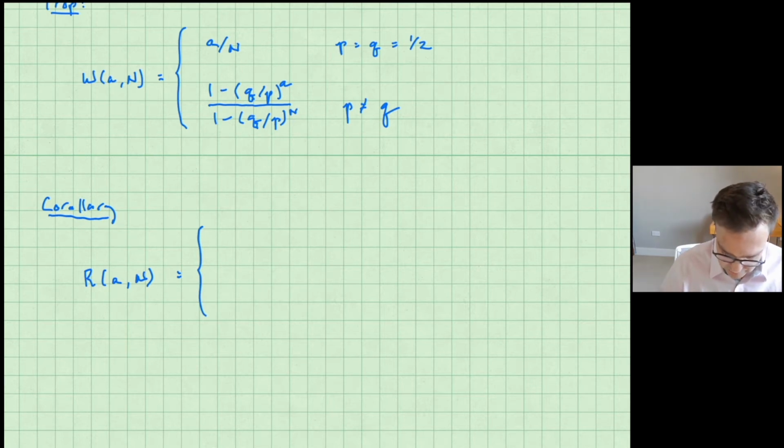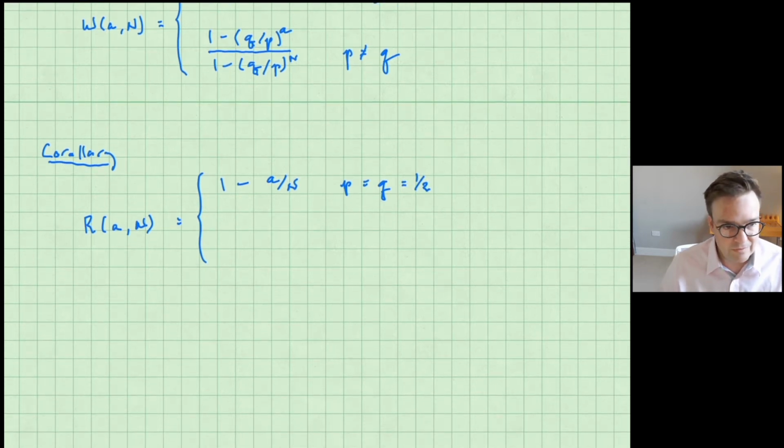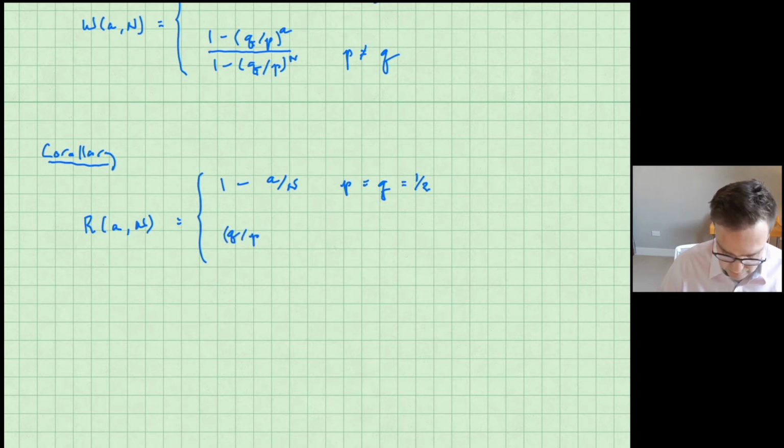So if P and Q are the same, it's 1 minus A over N. And if they're different, so the only thing that's funny here is I'll just do the algebra for you. So up in the numerator, there's q over p to the power a minus q over p to the power n, all divided by 1 minus q over p to the power n.